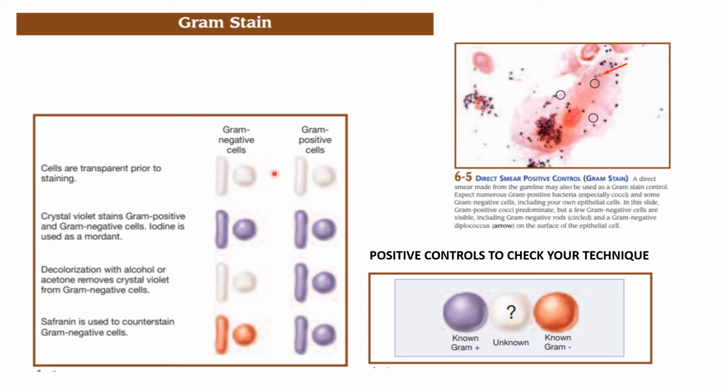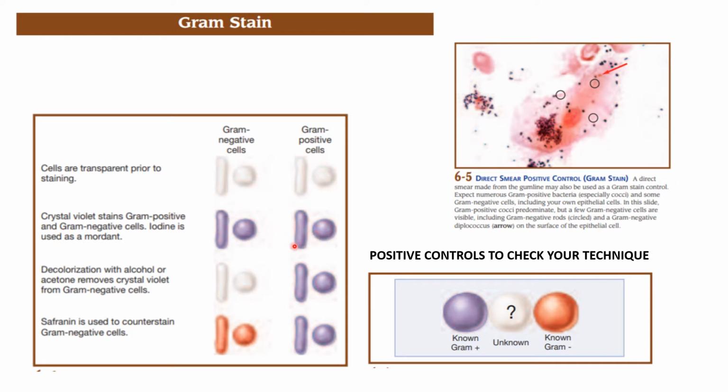Of course, bacteria are transparent prior to staining, and we use the primary stain crystal violet. It stained both gram negative and gram positive. So after crystal violet, both gram positive and gram negative cells appear purple, and we use iodine as a mordant or intensifier.